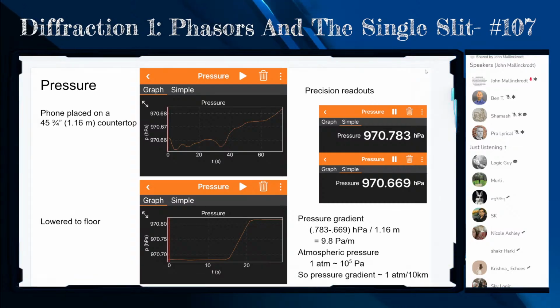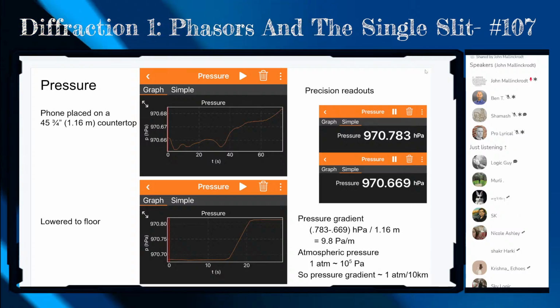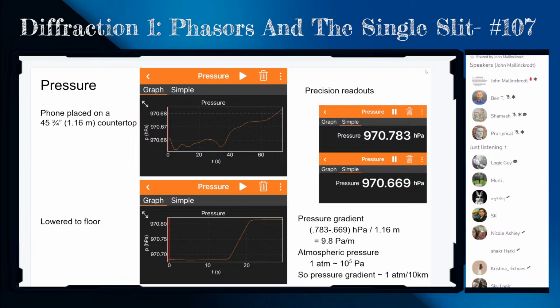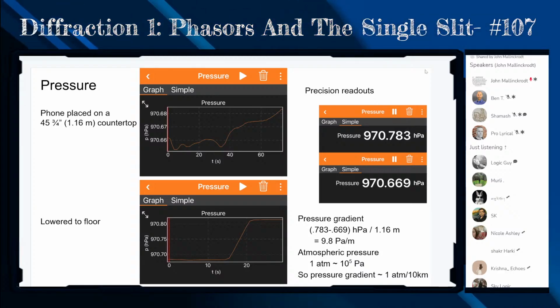And then you can go into precision mode and actually get the readouts there. So the top one is a kind of a later readout. I didn't do these at the same time, but when I did the readout later on, I got a difference. I got 970.783 at the floor and 970.669 on the counter.